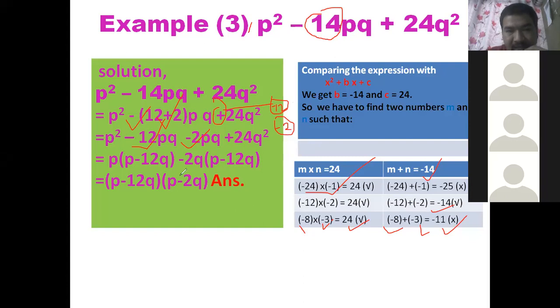Then if you take minus 2q common, what is remaining here? P minus 12 is left. The remaining in the bracket and the remaining in the bracket must be the same. P minus 12q, P minus 12q, okay? P minus 2q is remaining now. Are you clear, children?